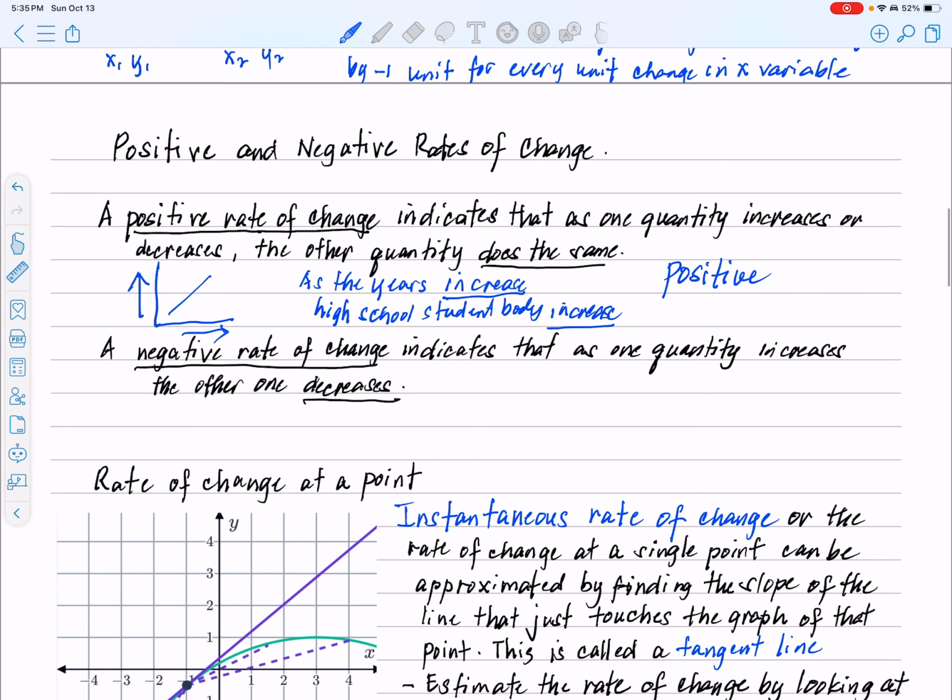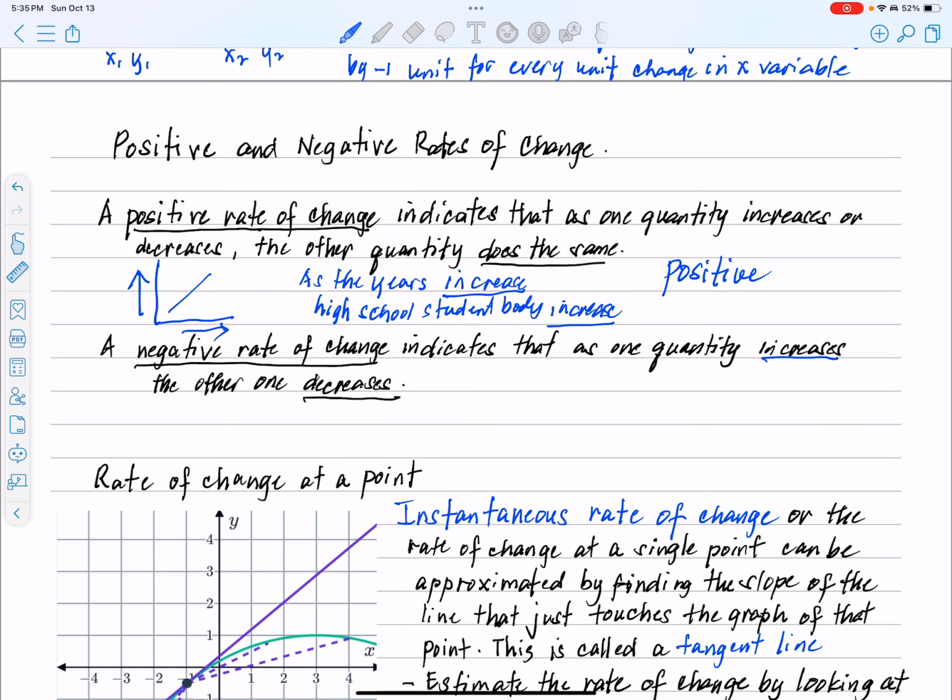A negative rate of change indicates that one quantity increases and the other one decreases, or it's the other way around. So if we try to make a sketch, let's say our independent increases, what do you think is our dependent here?